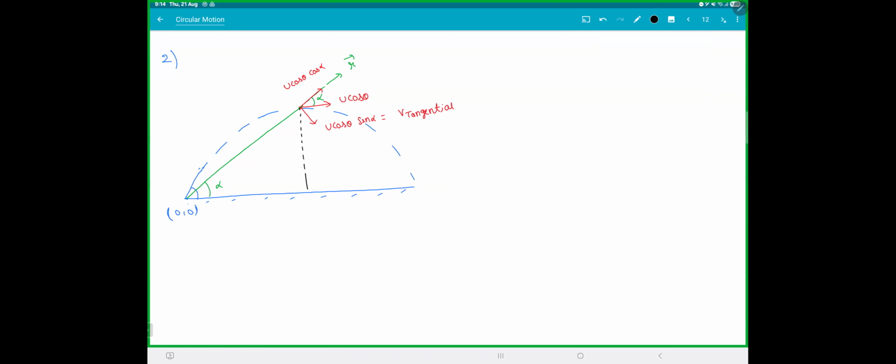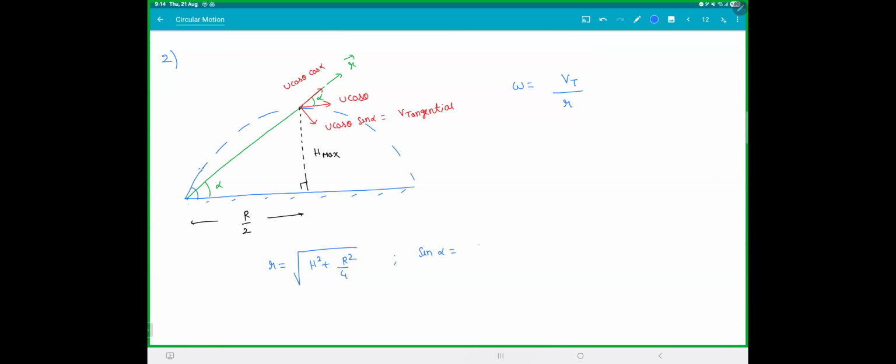And we know this is R by 2, which is half of the range. And this is your h max. So omega here will be v tangential by that r. This r will be root over h max square plus R square by 4. And what is that sine alpha?